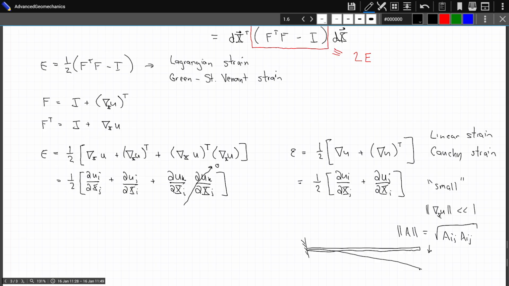If you're just rotating something, you're not straining it, right? You're just rotating it. There's no strain. This strain will remain a constant value, or 0 if it starts as 0, whereas the small strain will change with a rotation. So what's an example where you could have small strains and large rotations in subsurface problems?